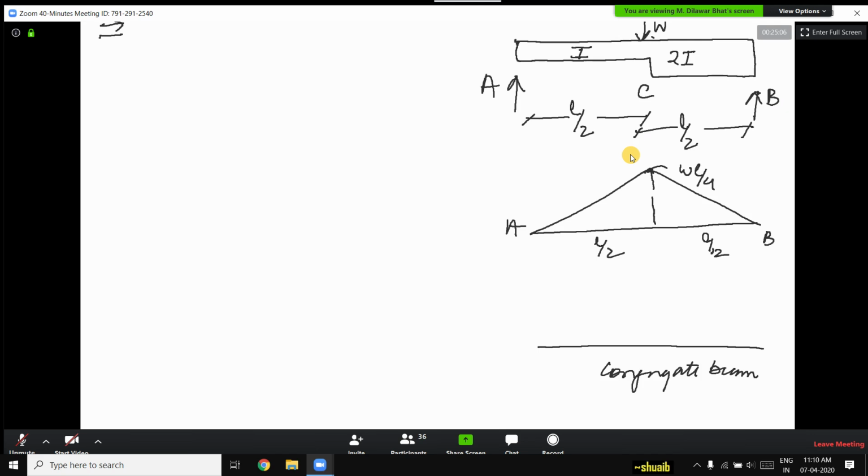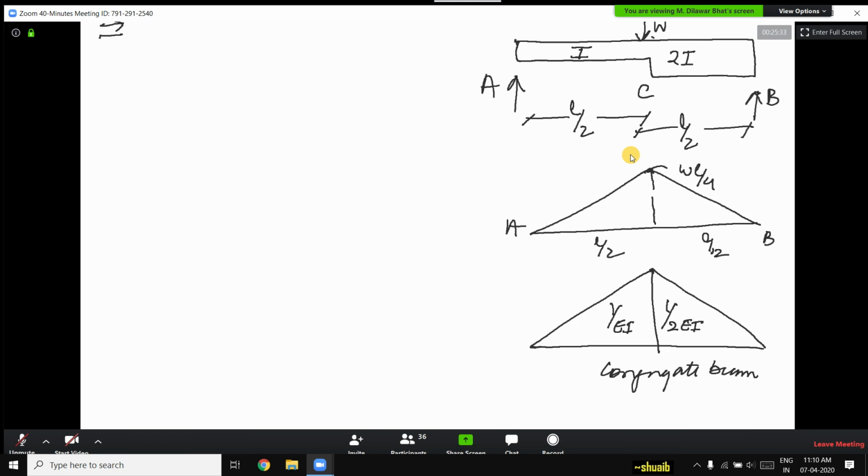Now on the conjugate beam you can simply say this is your 1 by EI, this portion, and this is your 1 by 2EI. These both the diagrams can be different.